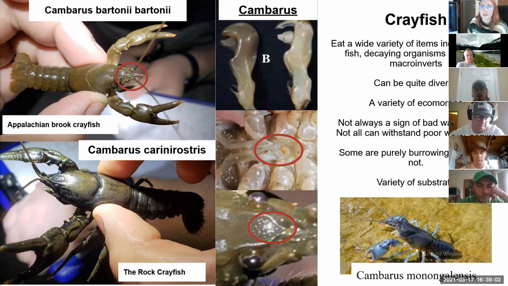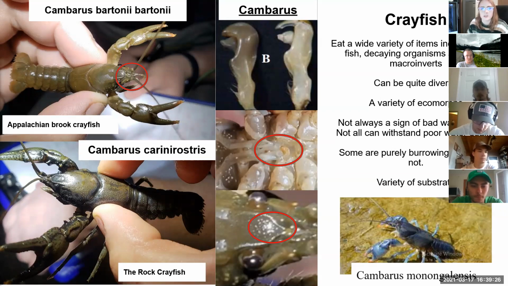Then I look at their gonopods, which are their male reproductive organs. If you were to draw a crab right now, you would draw it like this, right? This bottom part is at a 90-degree angle, and it would pinch like that. That's how I differentiate Cambarus from the other genus.